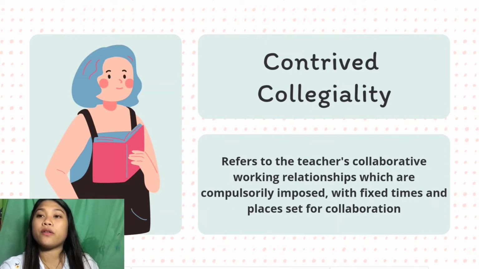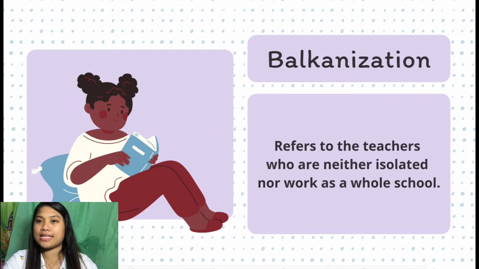It is a form of teacher culture in which the schools or external authorities impose their ideas on the school. Examples of contrived collegiality can be a set of activities such as seminars, coaching, and group work in which teachers are engaged. The difference between contrived collegiality and collaborative culture is that the former is administratively regulated and mandatory.